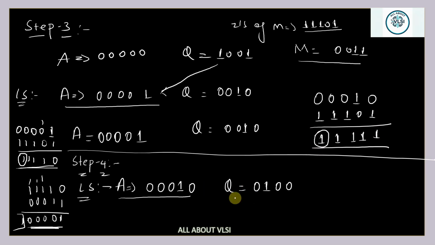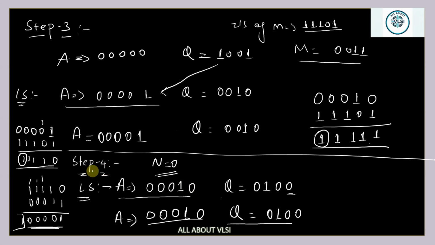I can set Q0 equal to 0 and the A value will be restored. That means you add M back so that you get 00010 again, and your quotient will be equal to 0100. This is what you're going to get.